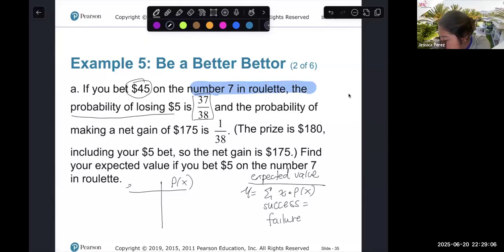The number of failures is 37 out of 38. The number of successes is 1 out of 38. And the value X, what we're trying to do is we're betting $5. That's the amount. So X would be $5 times 1 out of 38.